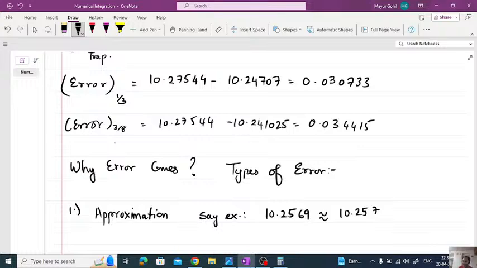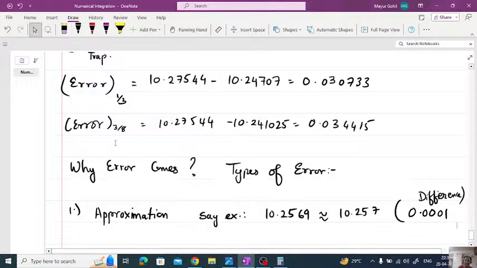There is a difference of 0.0001, and you are not taking this difference into account. This much difference is very crucial in computers. Even this much difference is a big deal, because approximation error has come in. So due to approximation, one error comes.